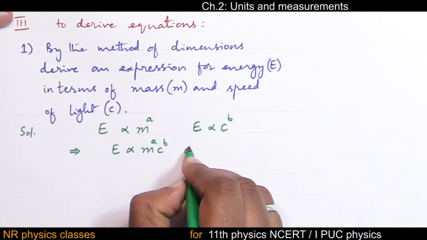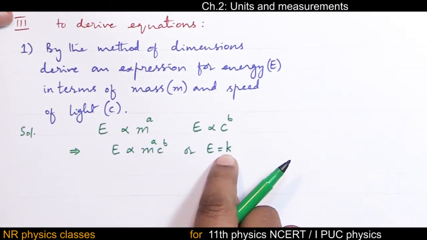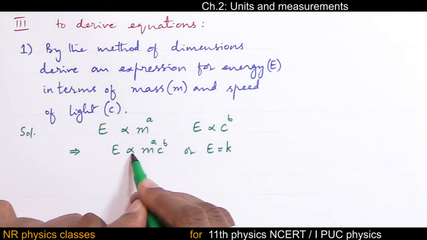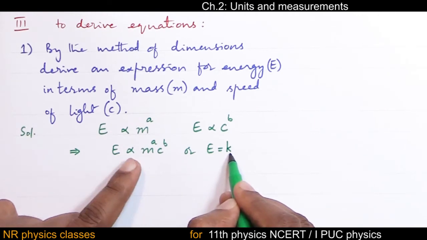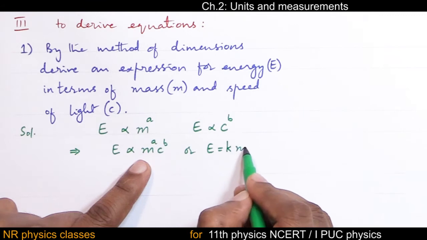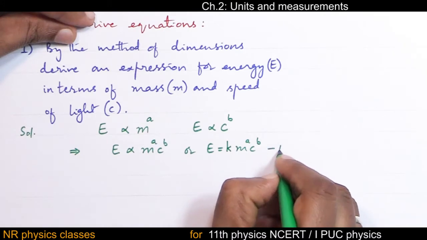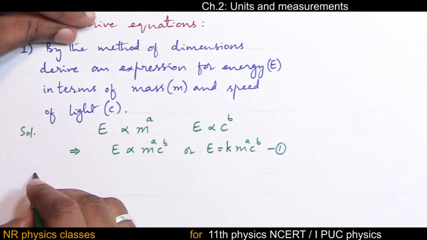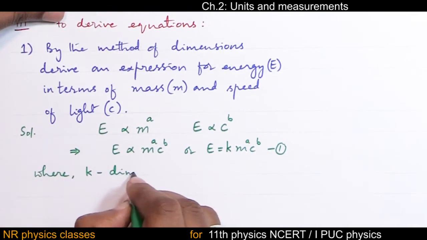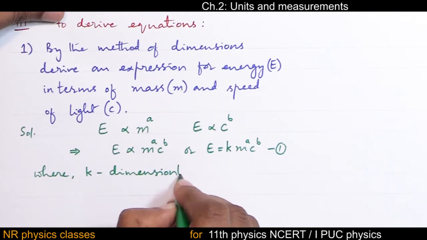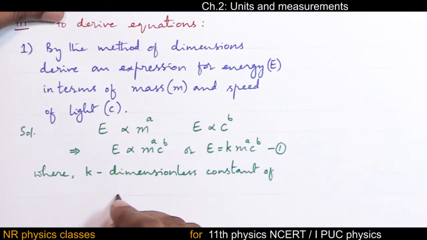Or energy equal to some proportionality constant. If you replace the proportionality sign by an equality sign, you should introduce a constant. So E equals K M to the power A, C to the power B. This is equation 1, where K is a dimensionless constant of proportionality.